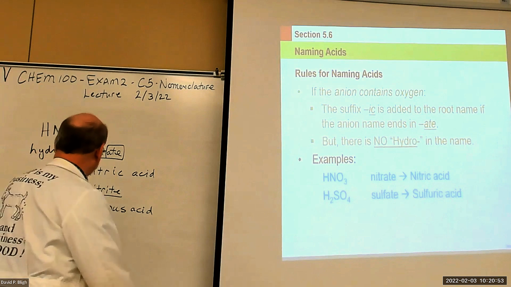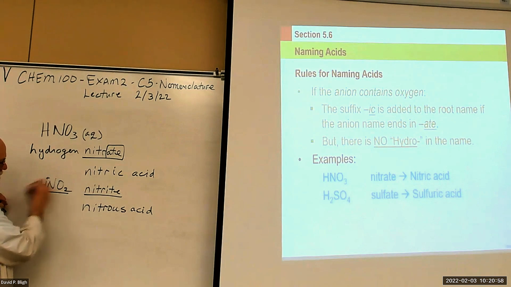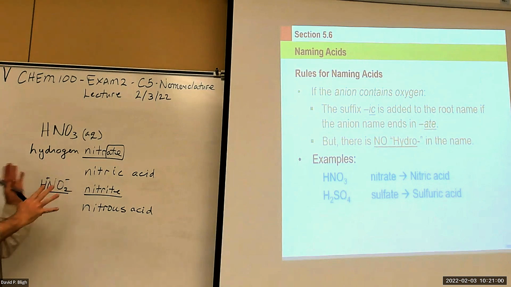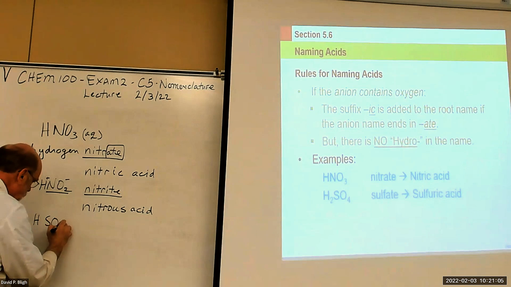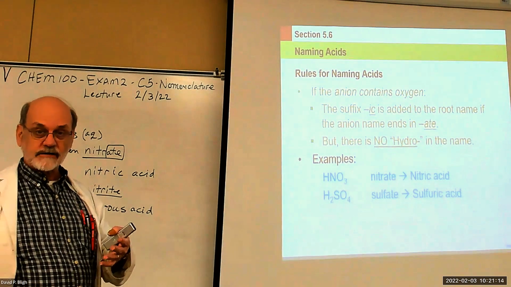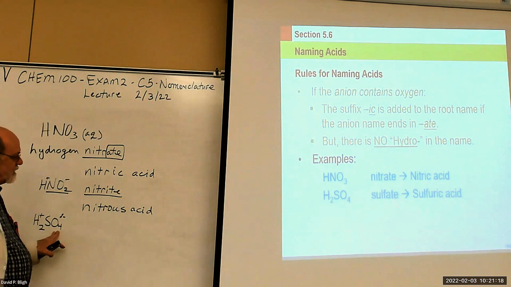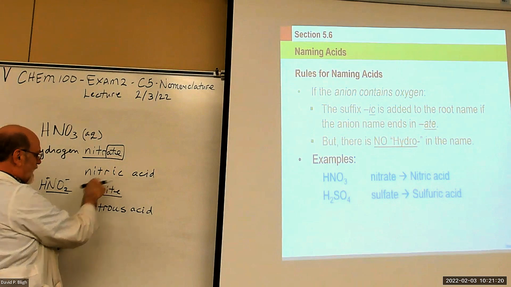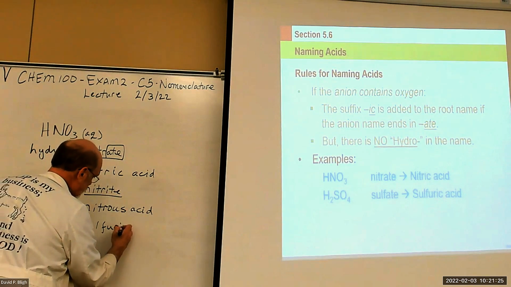H2SO4. Notice that if this is positive and that's a -1, we're balanced. If we have this one, this is a 2- polyatomic ion, so that means we need 2 of these because it's a 1+. So we're still balancing charges. H2SO4 now, sulfate, ate becomes ic. So we modify it just a little bit.